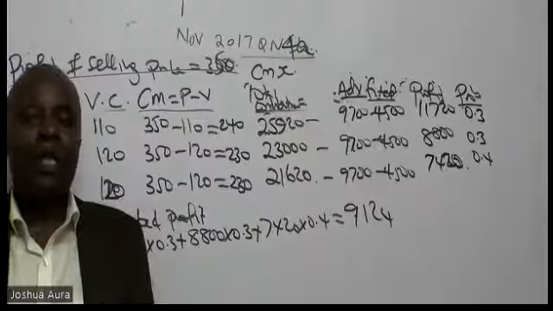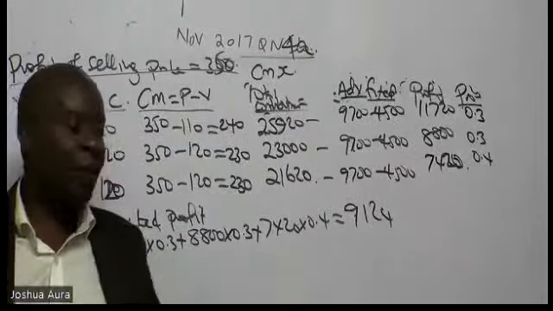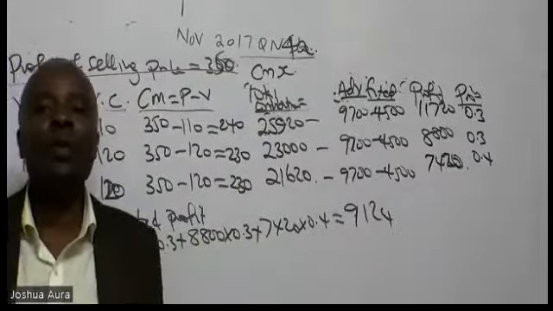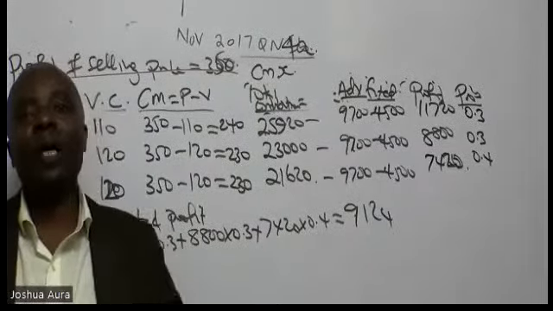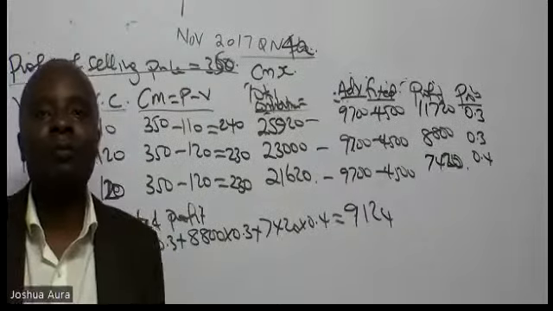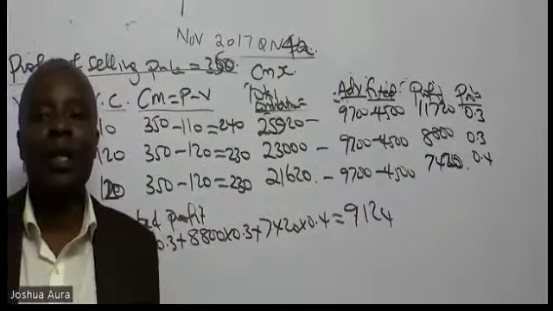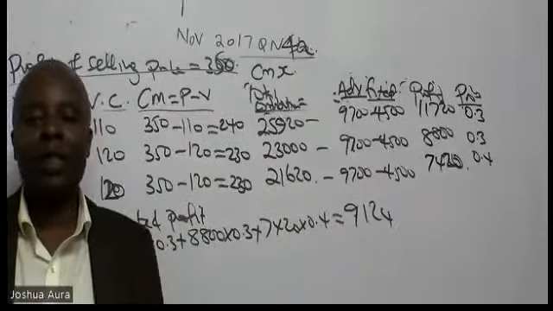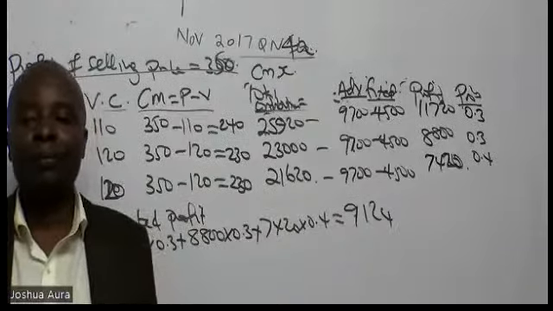So 350 is the one that yields this higher profit, and therefore we recommend Kenya shillings 350 to be the optimal price. You get all the marks, and then you go to the next level. You say bye-bye to these papers.